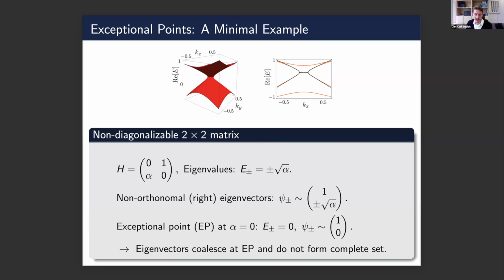So not only the eigenvalues, but also the eigenvectors coalesce at this degeneracy, and this is known as an exceptional point. So that's something impossible in a Hermitian system where the eigenvectors always form a complete set. So here you can have this coalescence of eigenvectors, a matrix that becomes defective or non-diagonalizable, at these exceptional points.